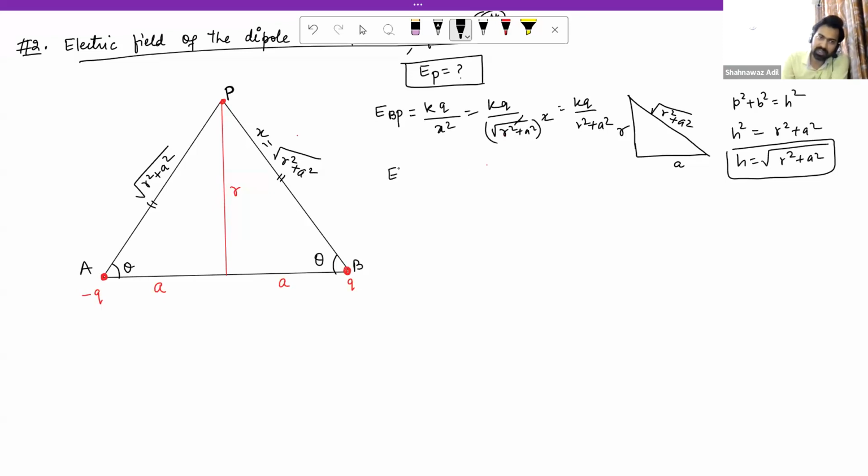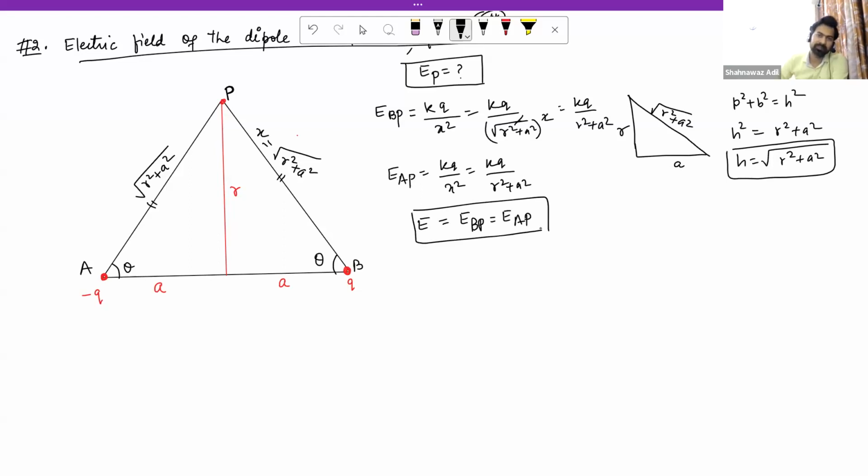Now if I calculate the electric field due to the other charge, this would be again KQ by x square, which is again KQ by r square plus a square. So you see that the magnitude of the electric field is the same. EBP and EAP are both equal, right?